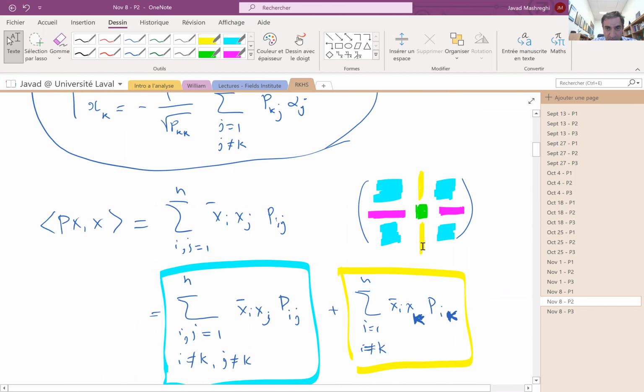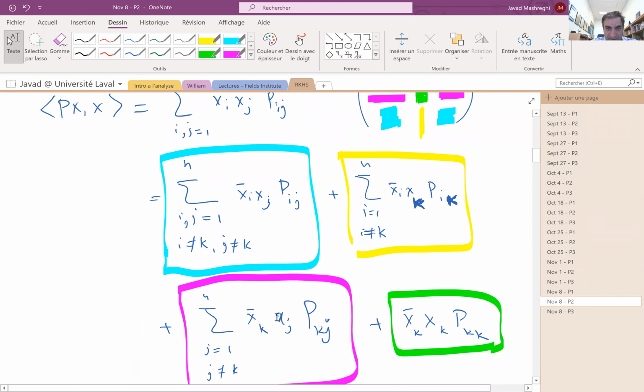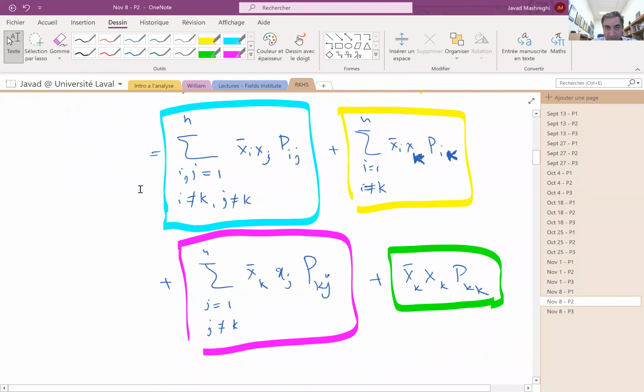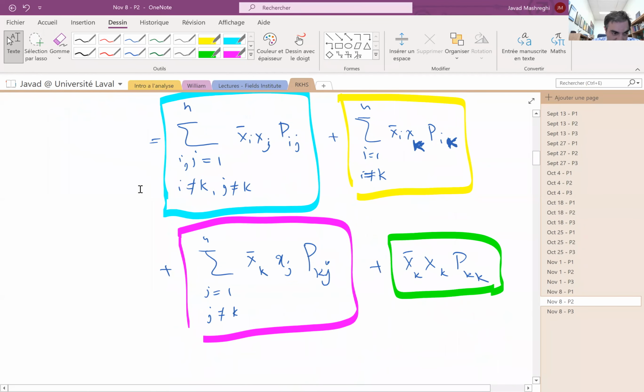So here we know what to put for xk, the same here and there. And for all other values, i is not equal to k, j is not equal to k, we use the other formula, this one. So everything is known. The rest is just plugging.